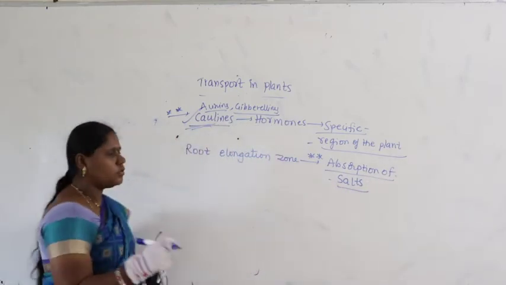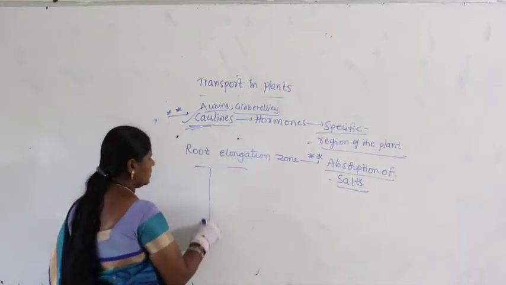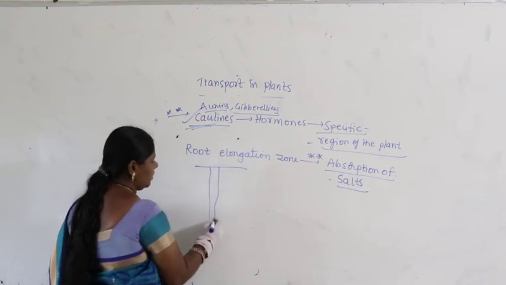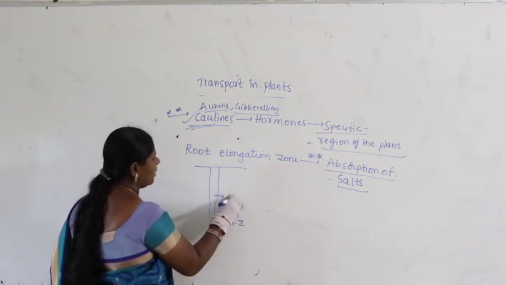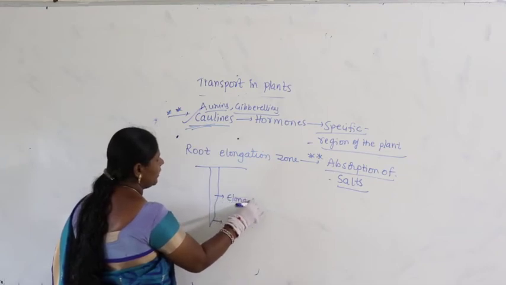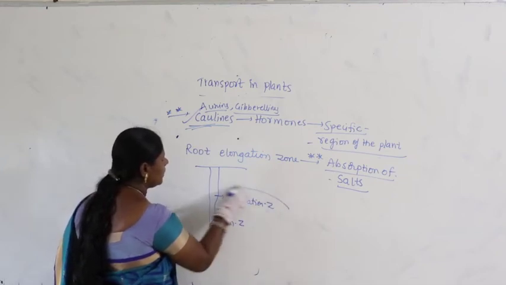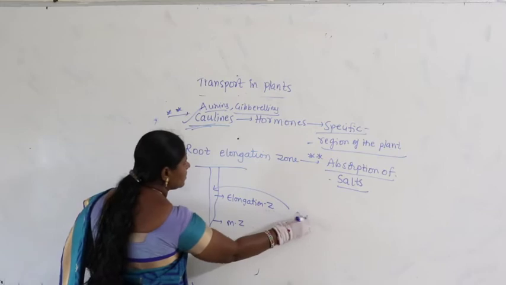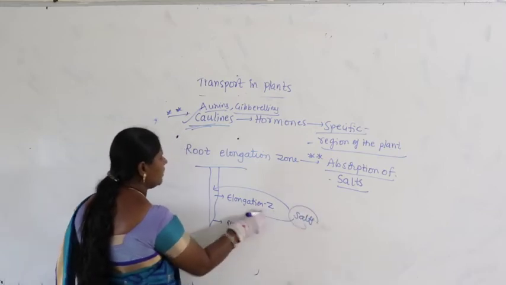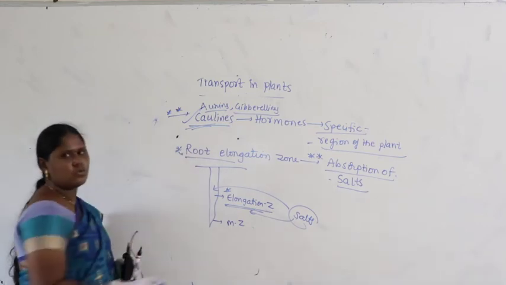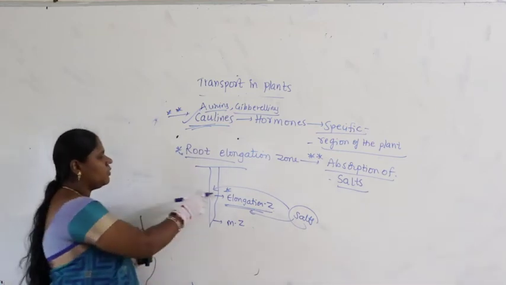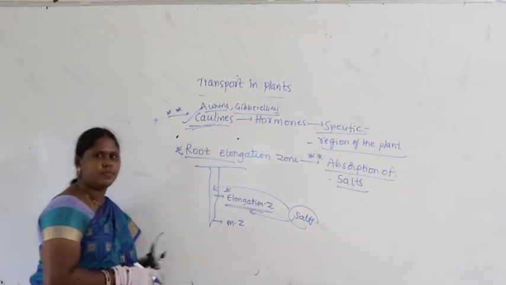So, when you take the root zonation here, this is nothing but the meristematic zone, you know that, and this is nothing but what? Elongation zone. So whenever the salts are getting accumulated, the salts always get accumulated with the help of the root elongation zone.